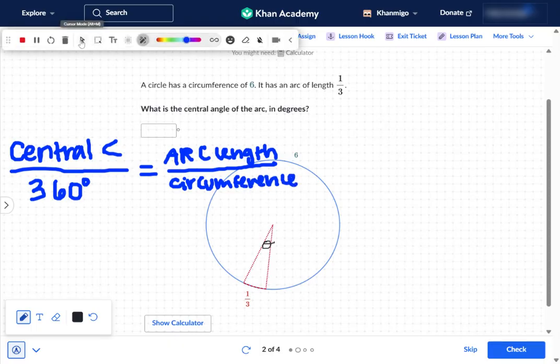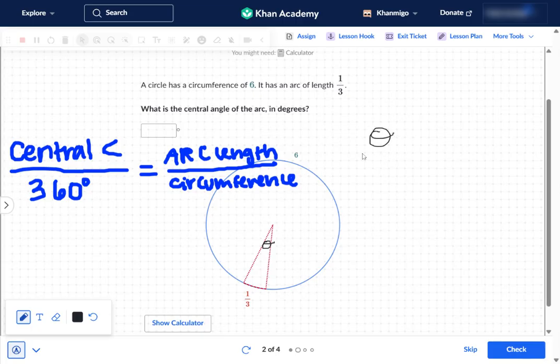Right now we don't know the central angle, so we're going to call it theta. You could use x, y, beta, alpha, whatever your heart desires. It's just an unknown. We like to use theta when we're talking about an unknown angle.